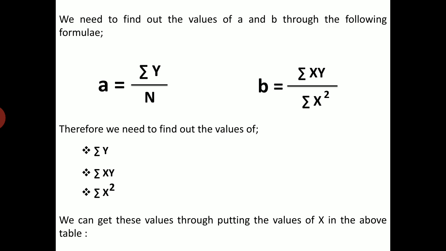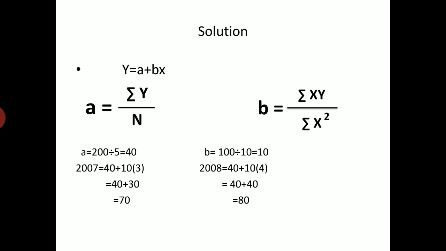Therefore, we need the values of summation y, summation xy and summation x square, which we get by putting the values of x in the table. Solution: y equals a plus bx. Find the a and b values.